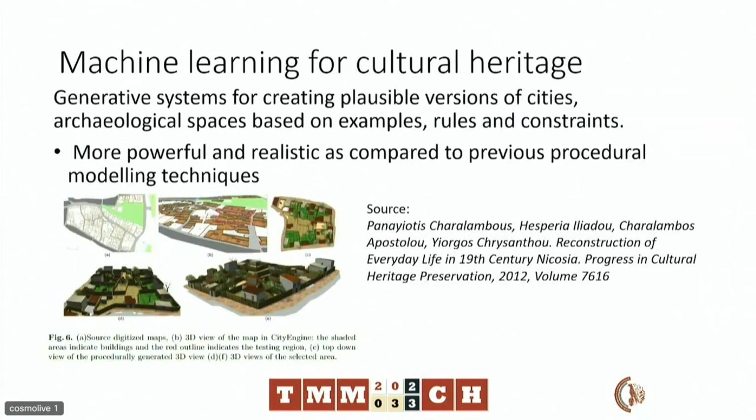We have generative systems for creating plausible versions of cities over time, which, as Ms. Pentimali mentioned, means we have to make representations for buildings, designs, flows, rules, patterns, restrictions, I may add. For all of these, representations are very important in machine learning. So that's another issue.